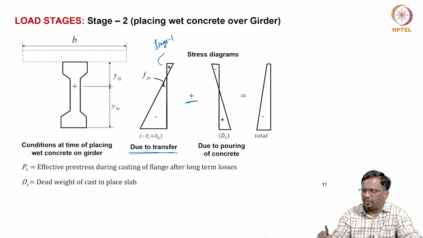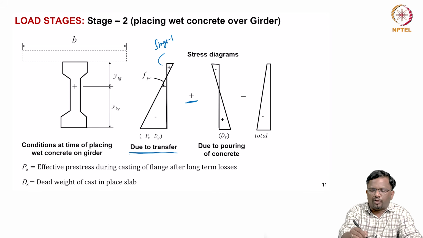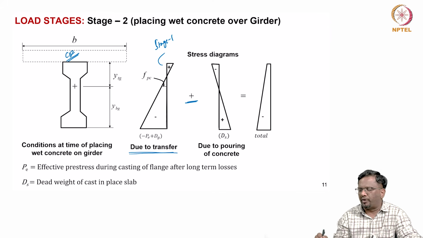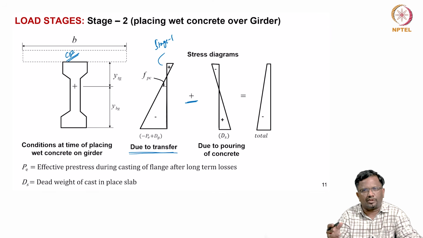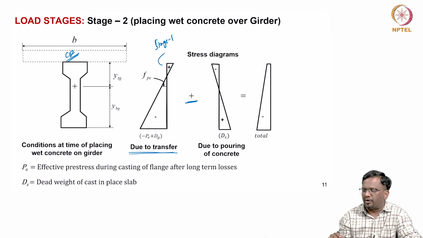Now, in addition to this, while you pour this cast in place concrete, you are going to create moment because of the weight of this wet concrete, right. That is going to create some stresses. That is going to create compression at top, assuming that the girder is simply supported, and it is going to create tension at the bottom.